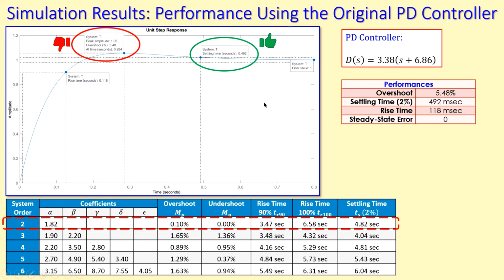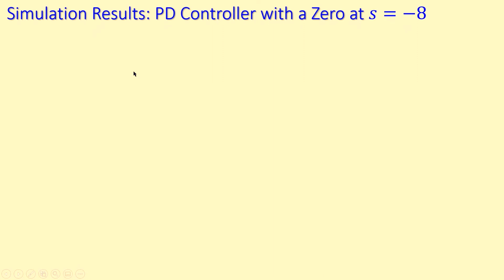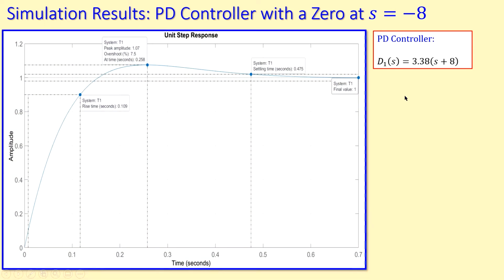Now this is of course not what we want according to the table. So let's look at the PD controller with a different location of the 0. If I replace the 0 from minus 6.86 to minus 8, so I place it farther away from the vertical axis, I have the following situation for the unit step response. The step response will produce a settling time which is a little bit smaller than the previous case, but the overshoot is much larger.